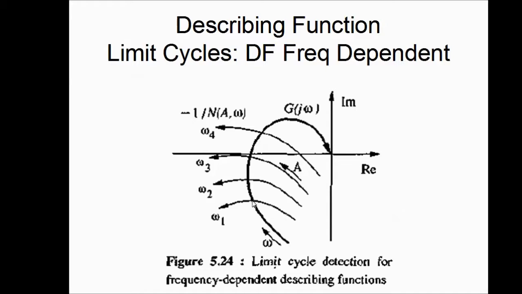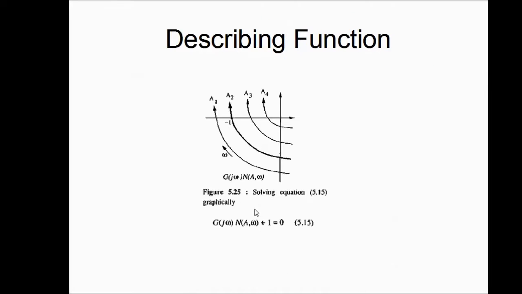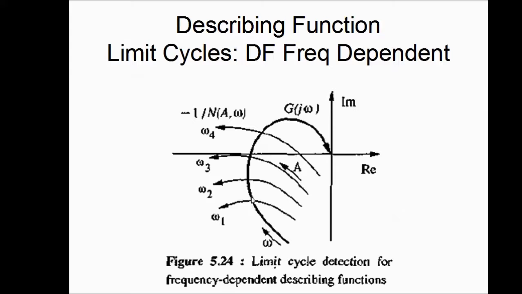If the omega of the G(j omega) curve is not omega 1 at this intersection point, it's not as good a candidate for limit cycle. So this graph allows us to detect the possible limit cycle occurrences.